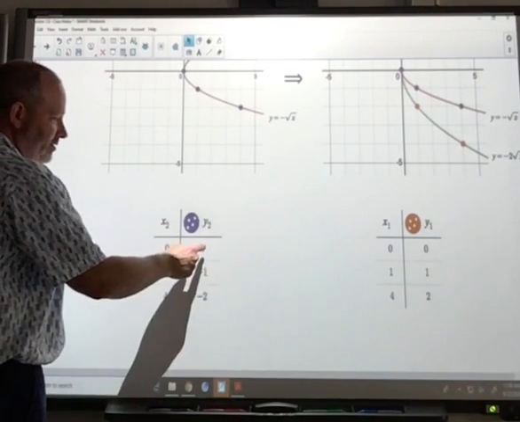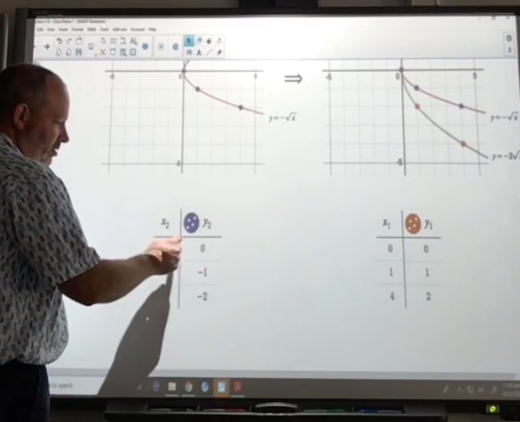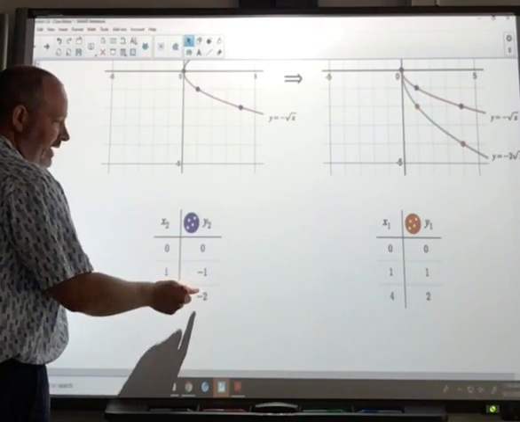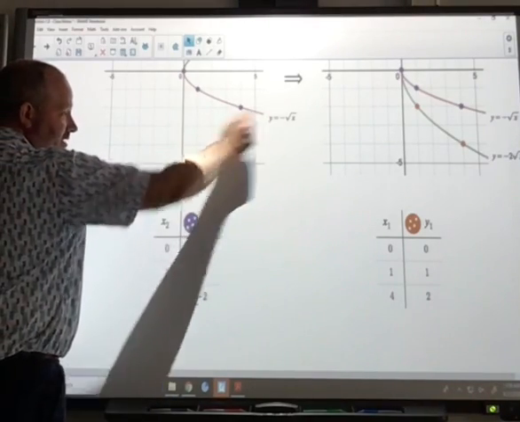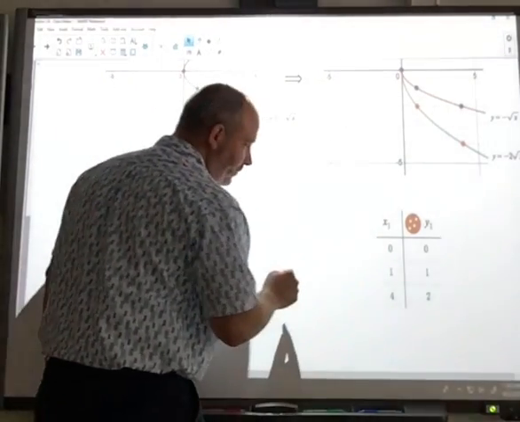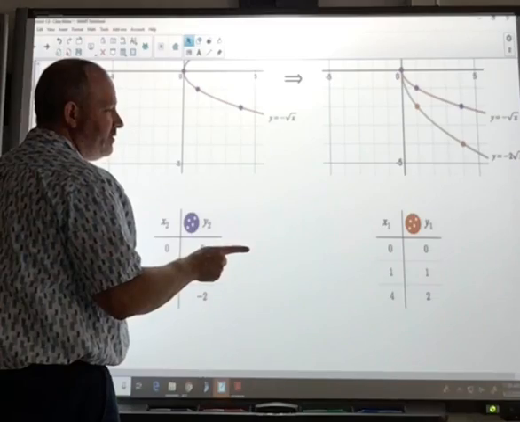You'll notice the y values go from 0, 1, 2 to 0, -1, -2. That's the reflection, that's the negative value. And then here they get doubled. Oops, I put the wrong table of values on there.